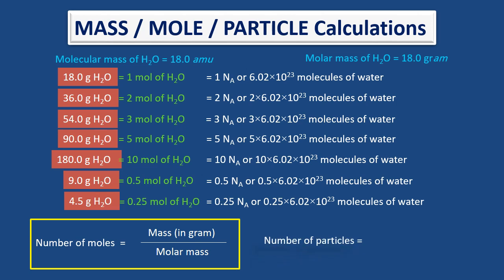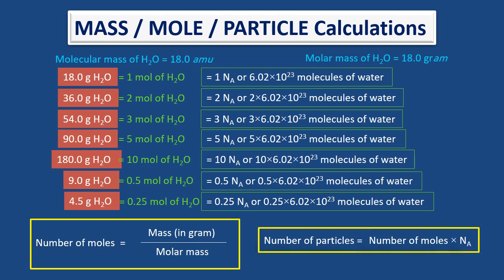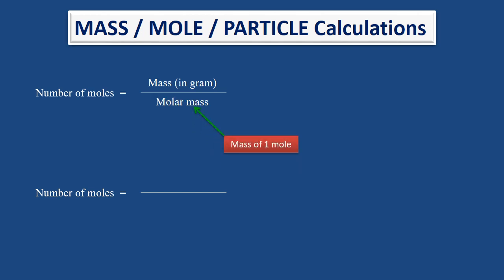Similarly, number of particles can be obtained by multiplying number of moles with Avogadro's number. These are two important formulae which are used in mass, mole and particle calculations. Note that number of moles can be obtained using any of these formulas depending on the given data. If mass is given, then divide it by the mass of 1 mole, that is molar mass.